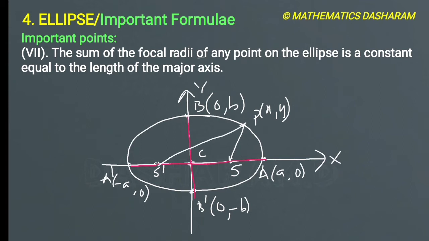Its sum is equal to the length of the major axis. So that means SP plus S dash P equals the length of the major axis, A to A dash, that is 2a.